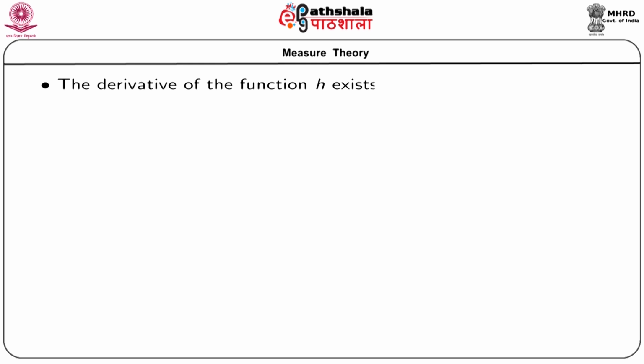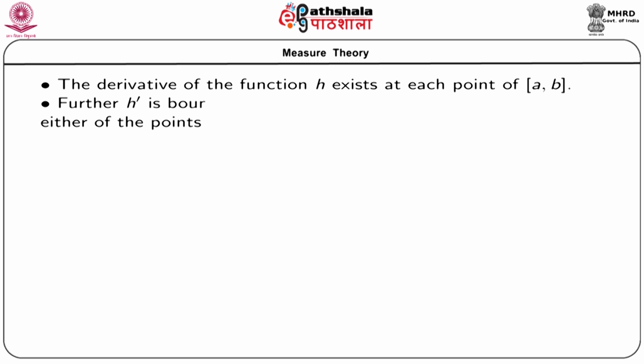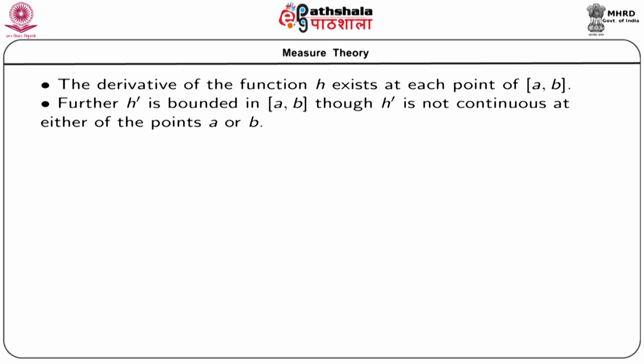We can observe that the derivative of this function h exists at each point of the closed interval [a, b], and further the derivative is bounded in the closed interval [a, b], though the derivative is not continuous at either of the end points a or b.